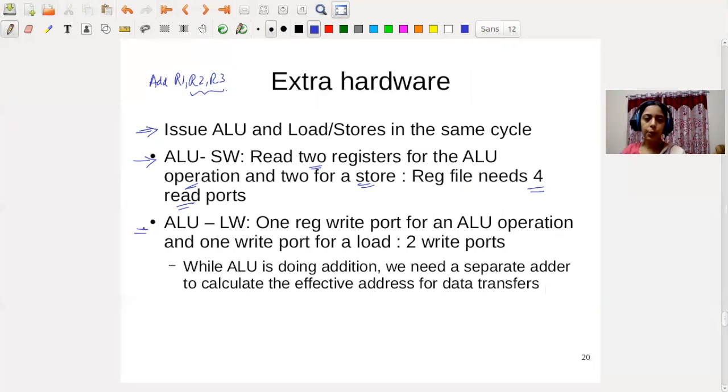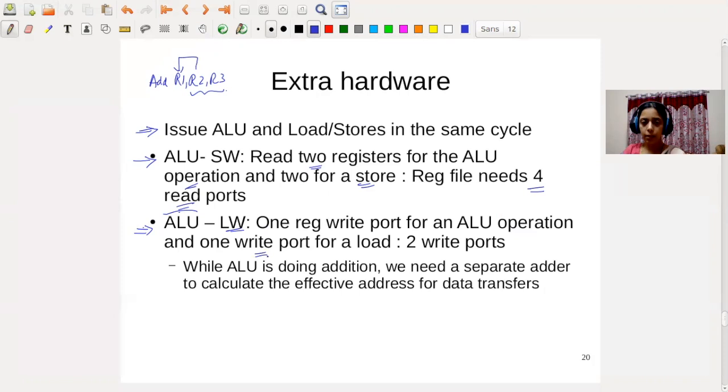Then if you have an ALU and a load operation, so you need again two, how many write ports do you need? The ALU will write only once. And then you also have the load operation, which is going to write to a register again, because it's going to load the data from the memory into the register.